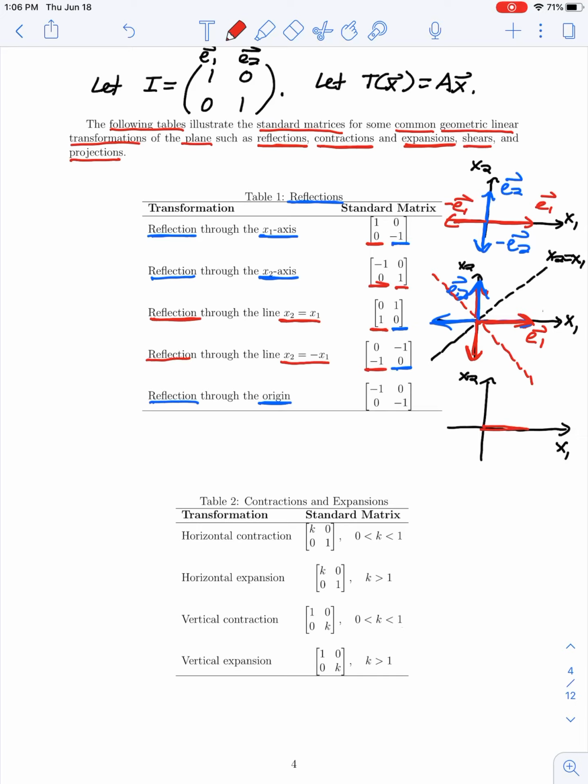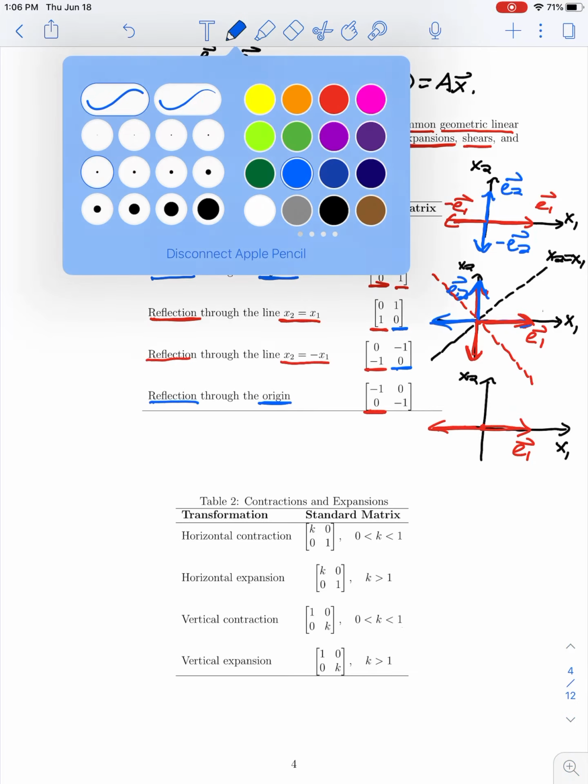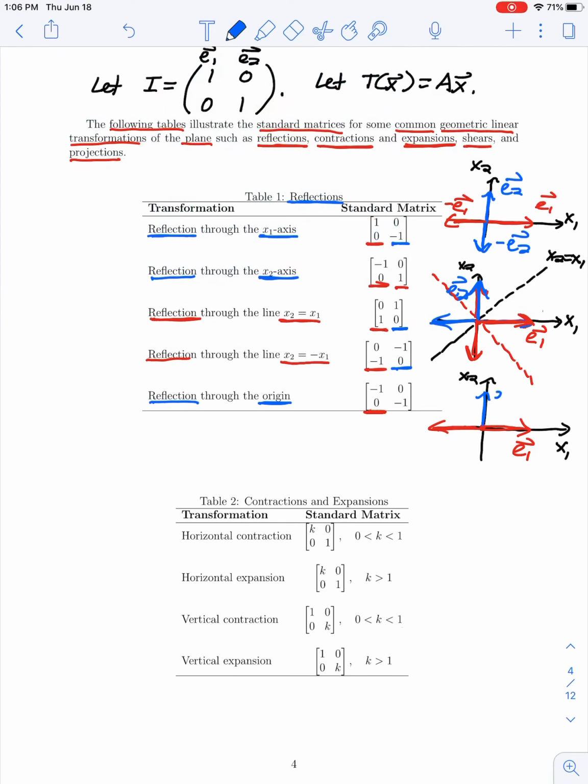For E1, if we reflect through the origin, we would have the vector negative E1, that is negative 1, 0. And for the basis vector E2, the reflection about the origin would give us negative E2. So it transforms to 0, negative 1. All right.